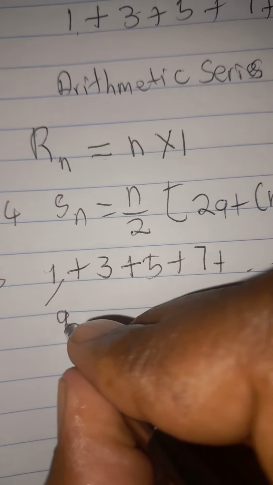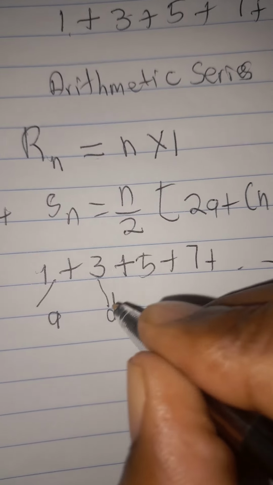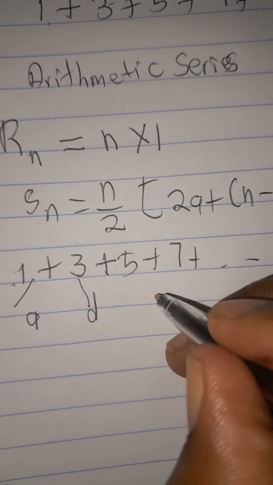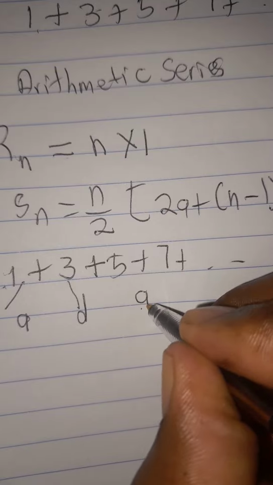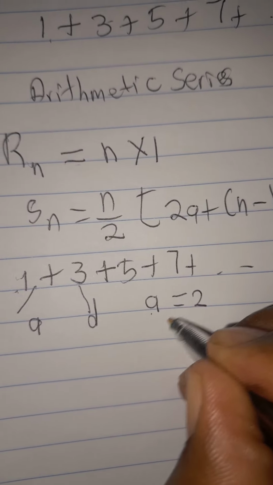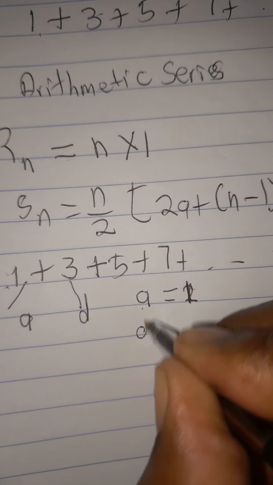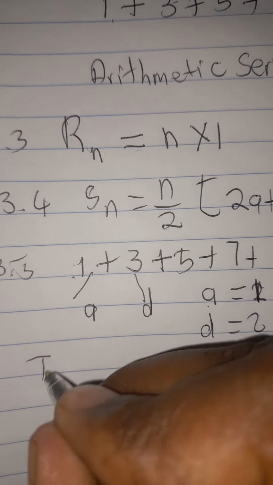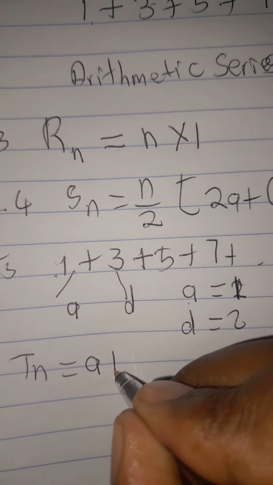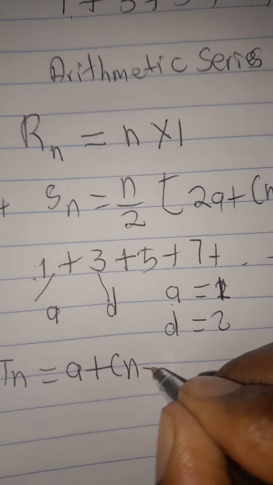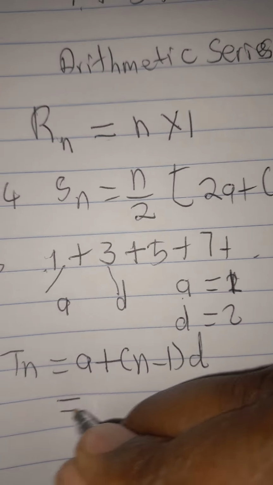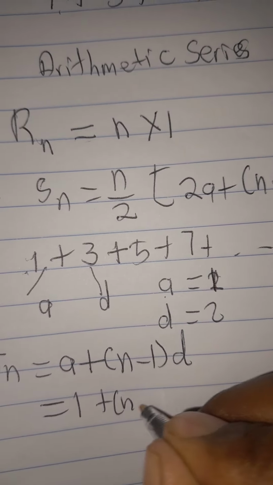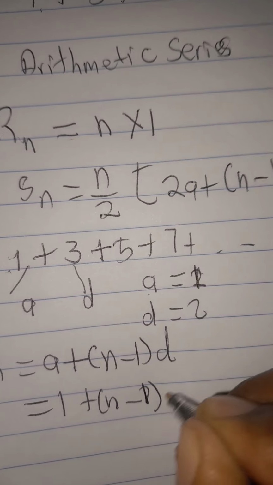So the first term is a, and the difference will be 2, because 3 minus 1 is 2. The first term is 1, the difference is 2. So the general formula will be Tn, the standard formula: a plus (n minus 1)d. The first term will be 1 and the difference will be 2.